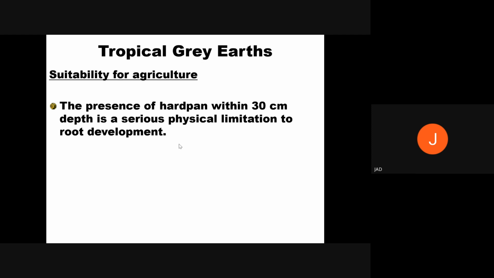The presence of hardpan within 30 centimeter depth is a serious physical limitation to root development. So you need to plow. You have to plow this type of soil. If you don't have implements to do that, supporting meaningful agriculture becomes an issue. You either use heaps, what they call mounds, in order to plant on them because of this limitation.